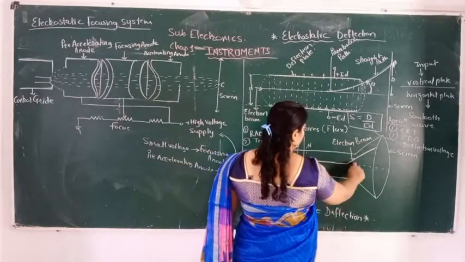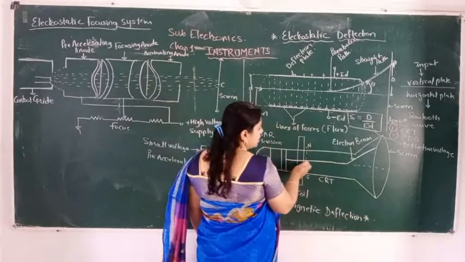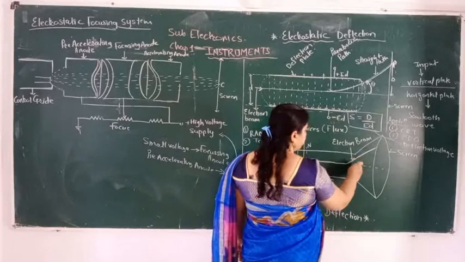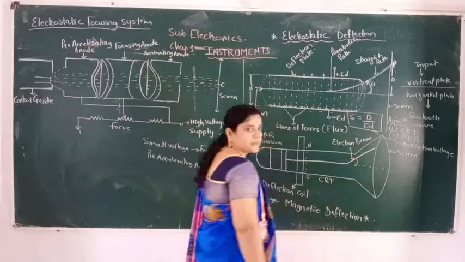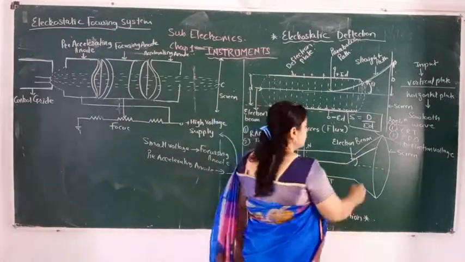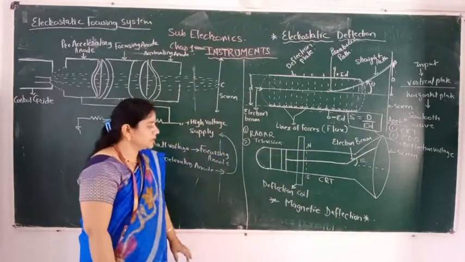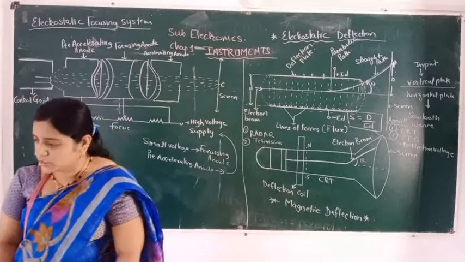Electrons will not flow in a straight line. They will take a bend, or they form a parabolic deflection, that is the angle theta. Okay, so this is nothing but the magnetic deflection.